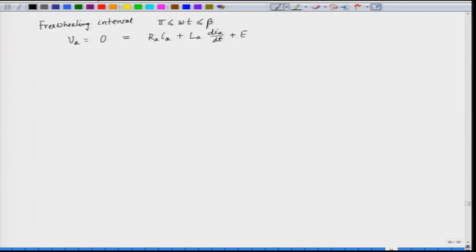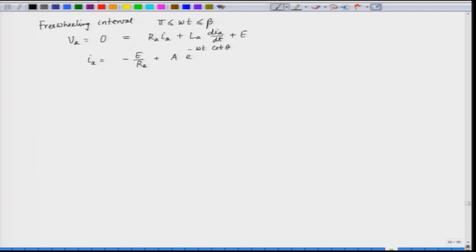We can solve this equation in a very similar way, steady state and transient. So, what is the solution? I_A is equal to the steady state, minus E by R_A, plus the transient part, some constant A exponential of minus omega t cot theta.